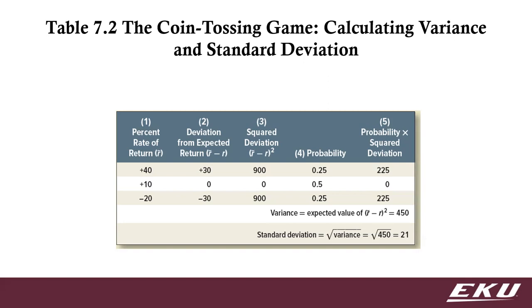And so how far is it? You see the plus 30, the minus 30, you square those, you get the 900, 0, 900, multiply it by the probability. So 25% chance you gain 30, 25% chance you lose 30, and a 50% chance nothing changes. You multiply those together, and that gives you the variance. You take the square root of that variance, and that gives you the standard deviation.